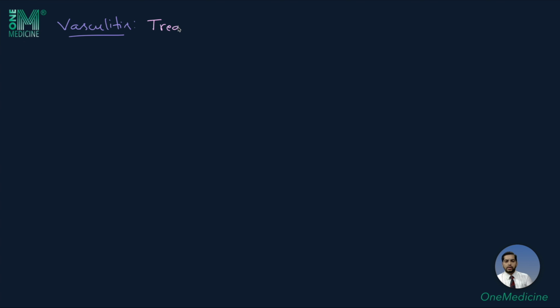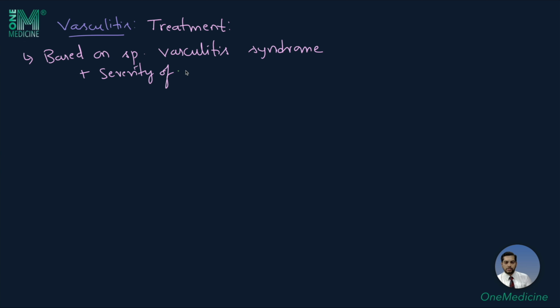Let's now look at the treatment of vasculitis. The treatment is based on the specific vasculitis syndrome along with the severity of symptoms. As a general rule, immunosuppressive therapy should be avoided wherever there is no irreversible damage.